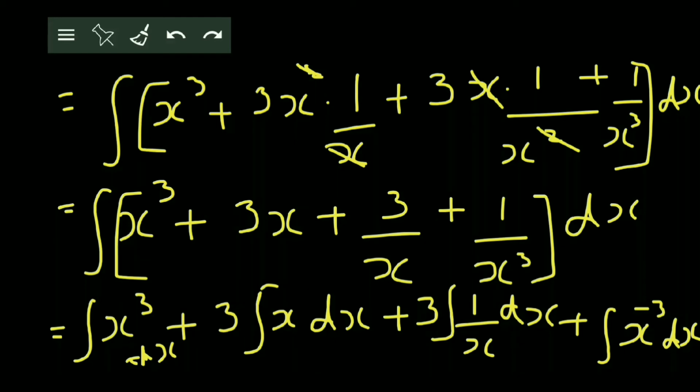If you want, you can just pause the video and note it down, or you can come back to it after learning the entire sum. Okay, so let us see how to solve it first. For x cube, we use the formula x raised to n. So x cube becomes x raised to 4 upon 4.